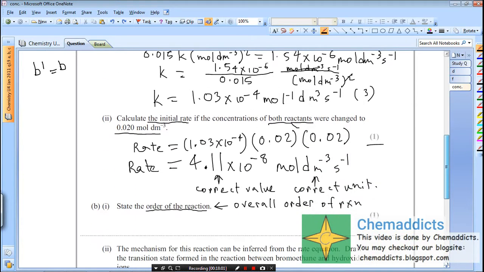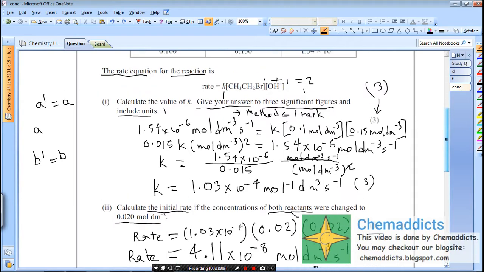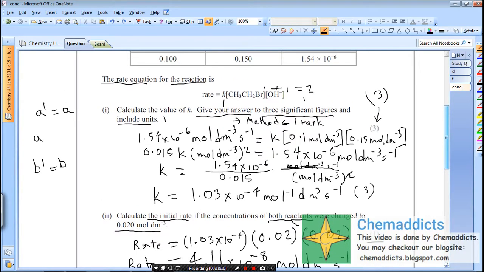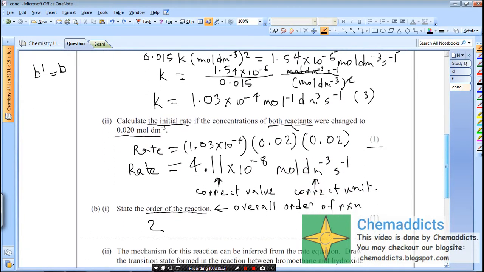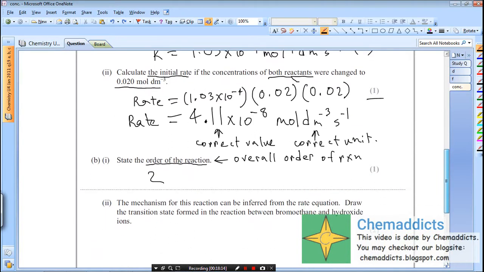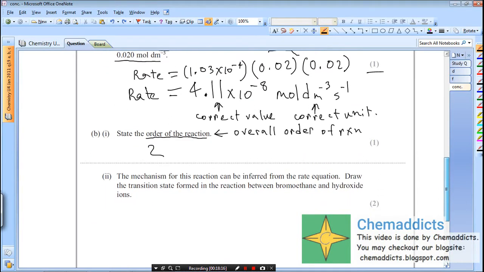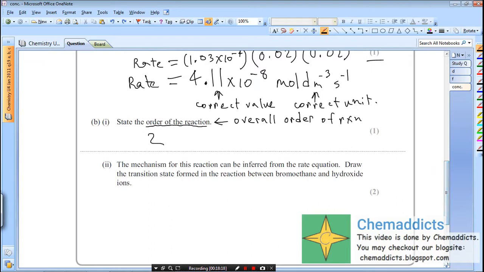So the overall order of this reaction is 2. Just simple algebra. Done, we have answered this question.